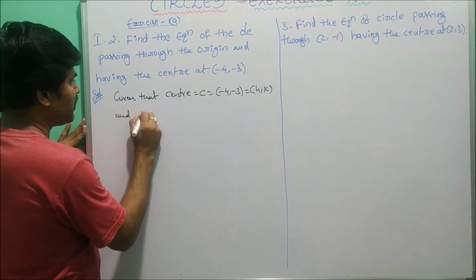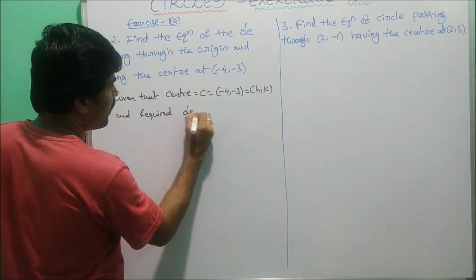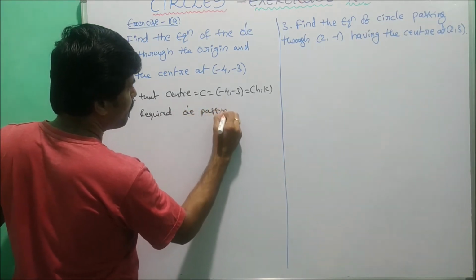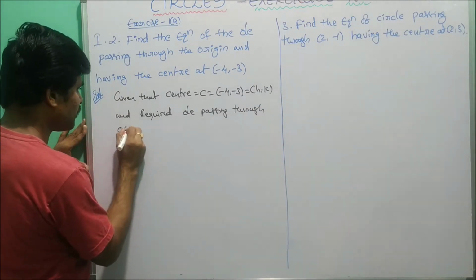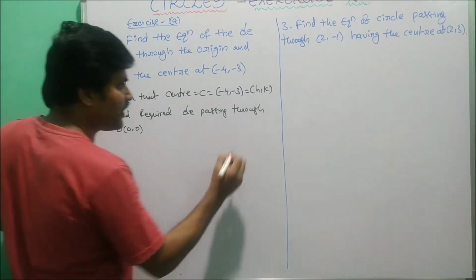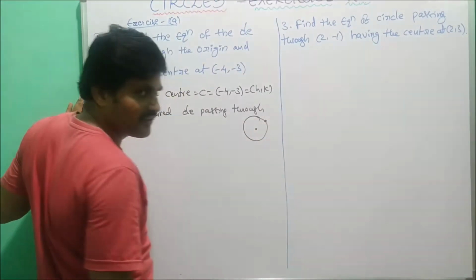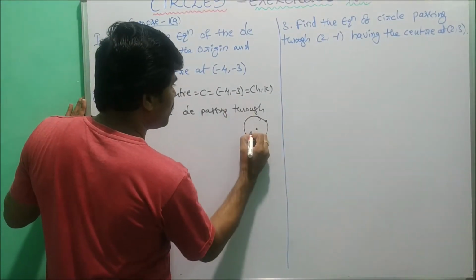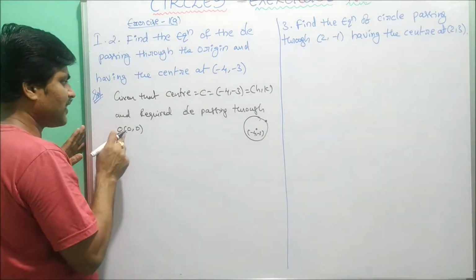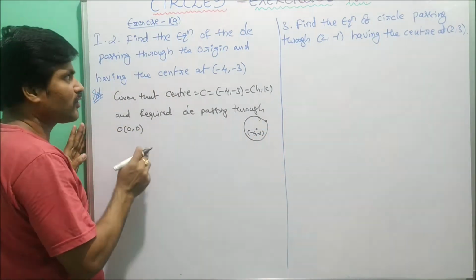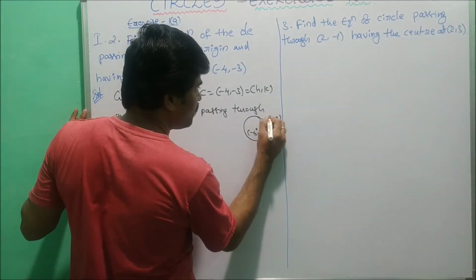and the required circle passing through origin O(0,0). Here this is the circle, this is the center, this is the origin. So that is (minus 4, minus 3). So compulsorily the origin lies on the circle because the circle passes through the origin. So this is O(0,0).